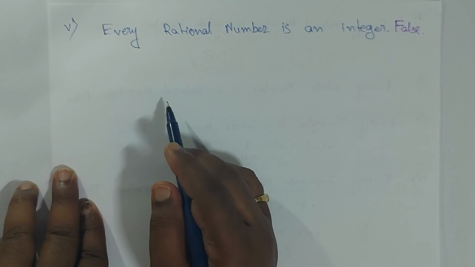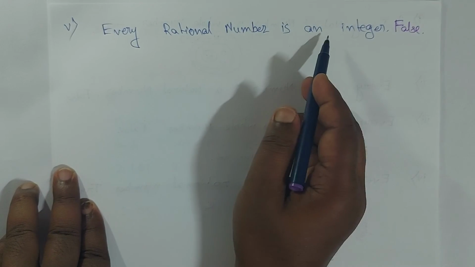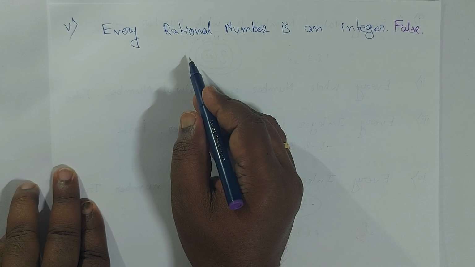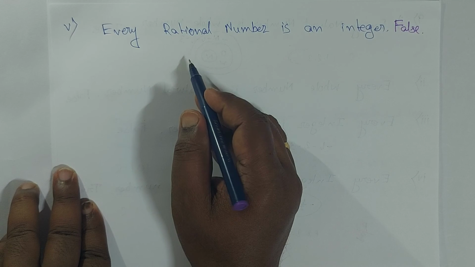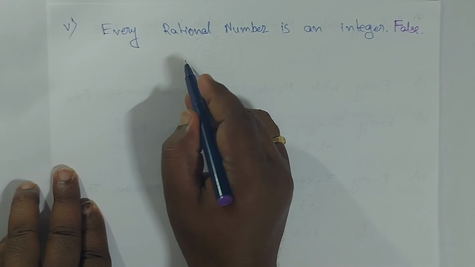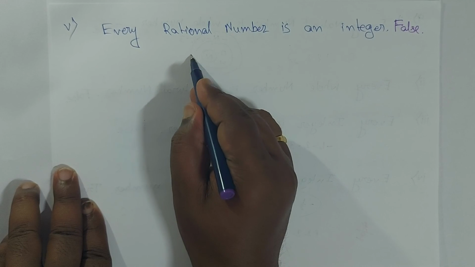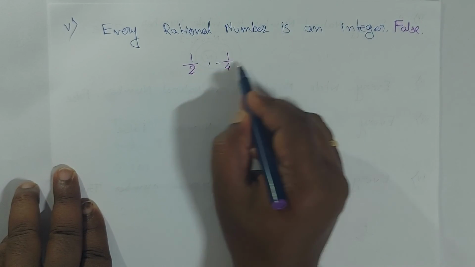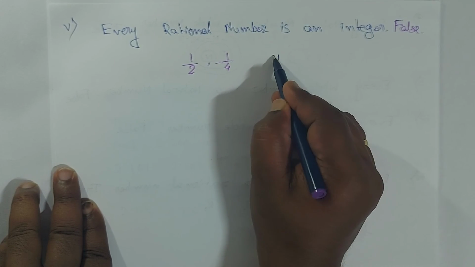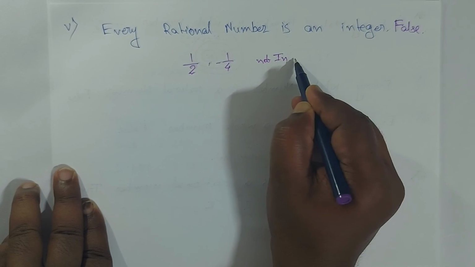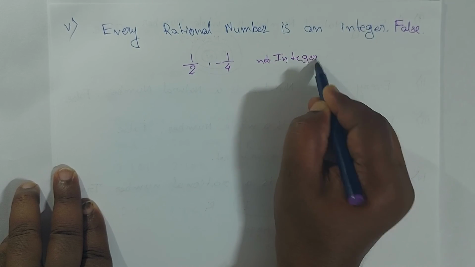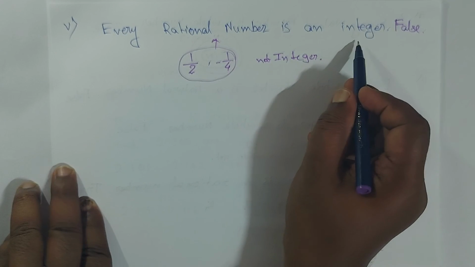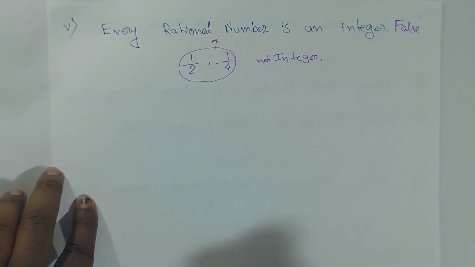Because in integers there is no fraction, whereas in rational numbers fractions are there. These fractions are not integers, but they are rational numbers, so every rational number is not an integer.